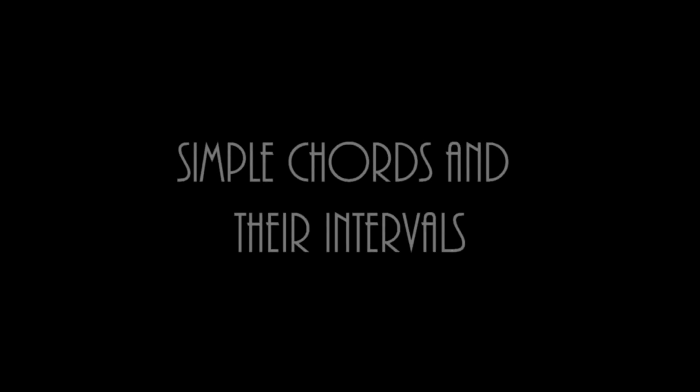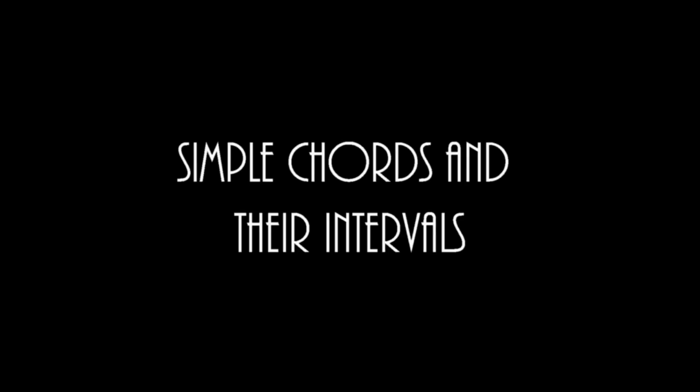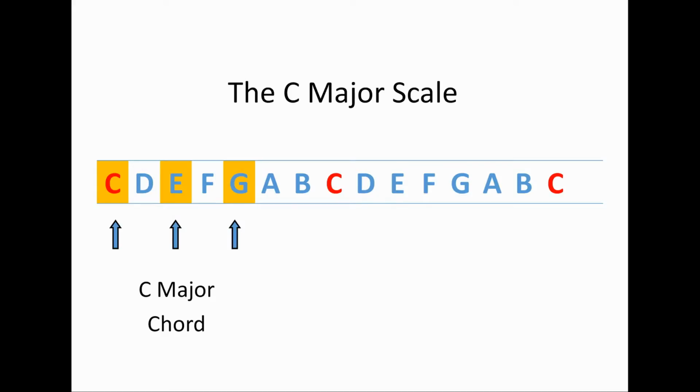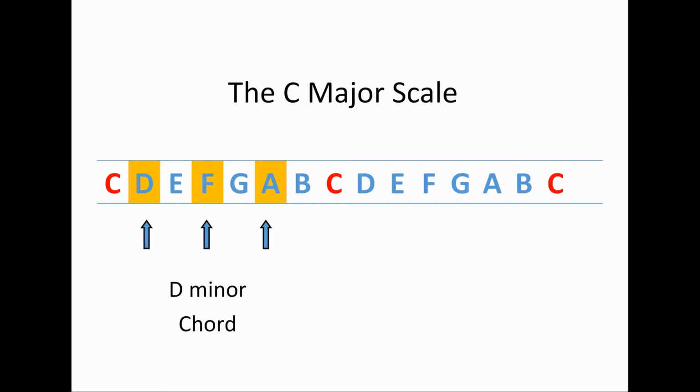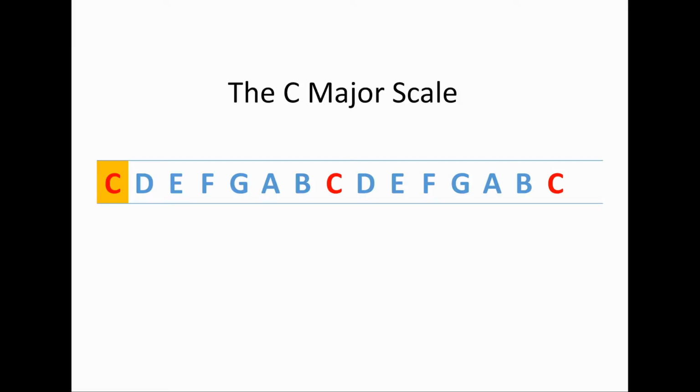At this point let's pause a while and take a look at the 2 chords that we just created. If we look at the C chord and then we look at the D minor chord, you might see that there's a similarity in the way the chords are constructed. From the first note of each chord, we skip the following note, then use the note after that.